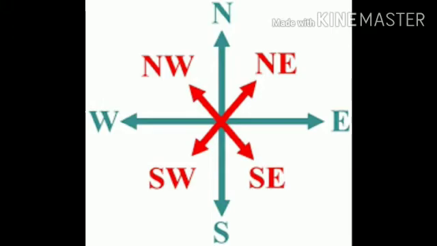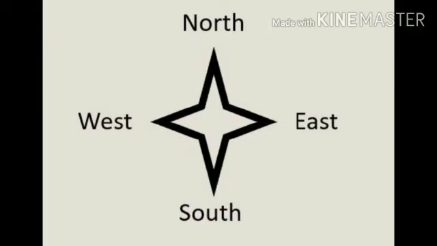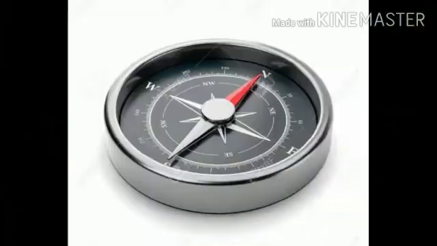Now this is all about direction. Now if I will ask in which direction is your television kept or in which direction is your friend's house, I hope you can easily find it out. The things which help us in finding the directions are compass, pole star, sun, magnetic needle, etc.